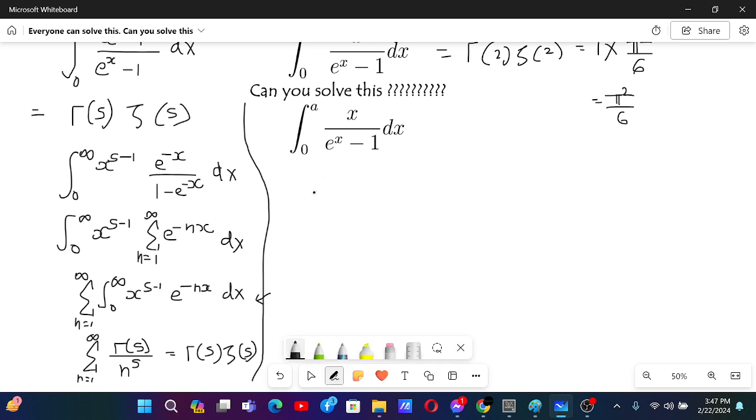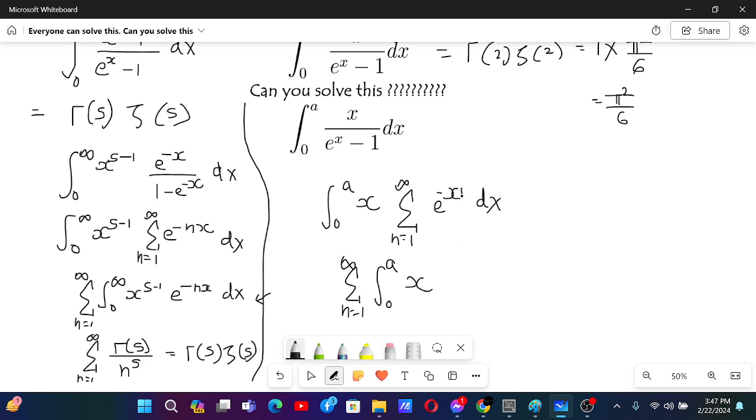So basically this will also get converted to the integral from 0 to a of x, and then the sum from n equals 1 to infinity of e to the power minus nx dx.